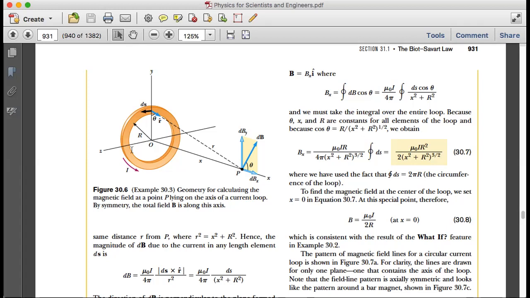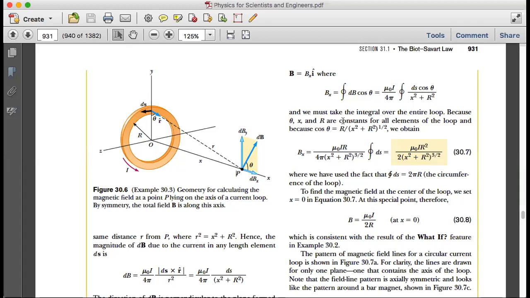If we take the full circular wire, the y-axis components of the magnetic field cancel, so we are left with only the x components of the magnetic field.